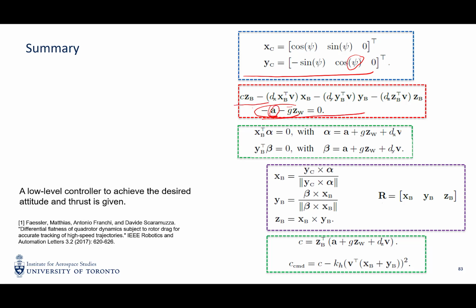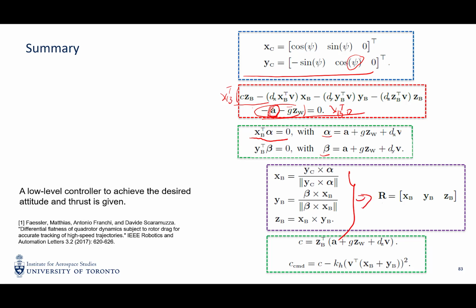And then we replace the v dot with some kind of desired acceleration. By multiplying xb transpose on both sides of this equation, we get the alpha and the beta, which determine the direction of xb and yb in these three formulas.